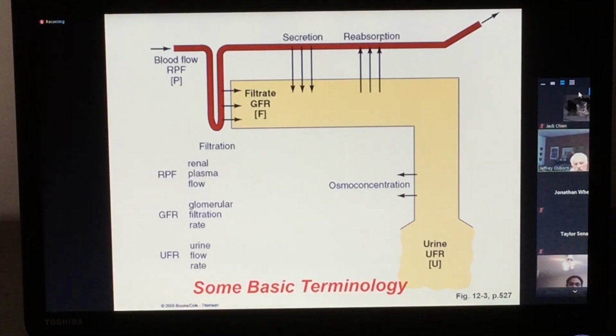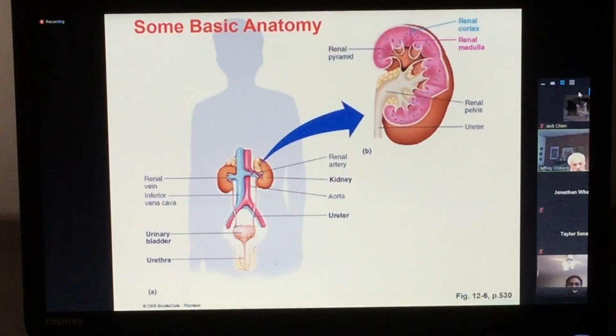We have reabsorption, which takes ions, water, and particles out of the urine. And we have excretion, where we move particles, ions, and water into the bladder, into the urine, for excretion out the urethra.